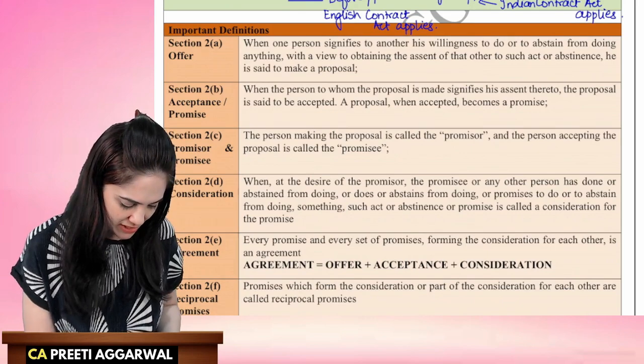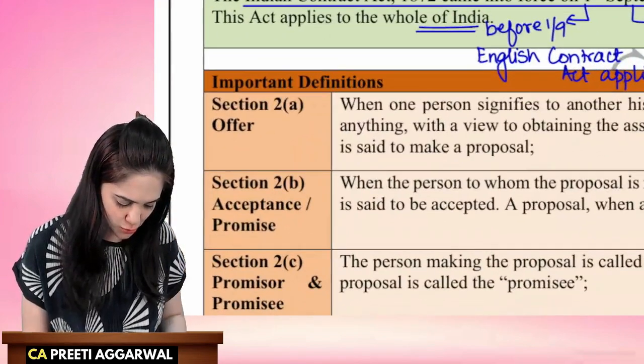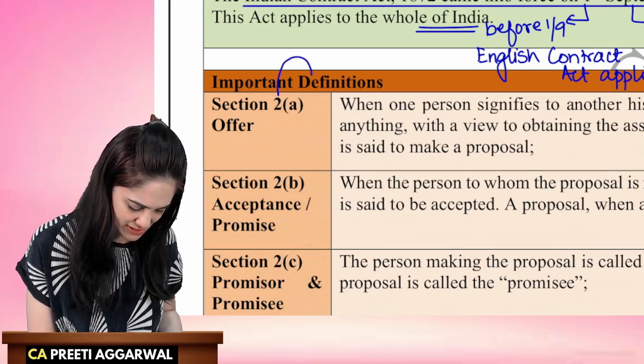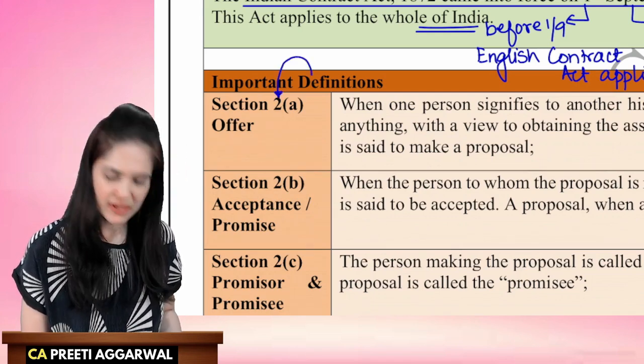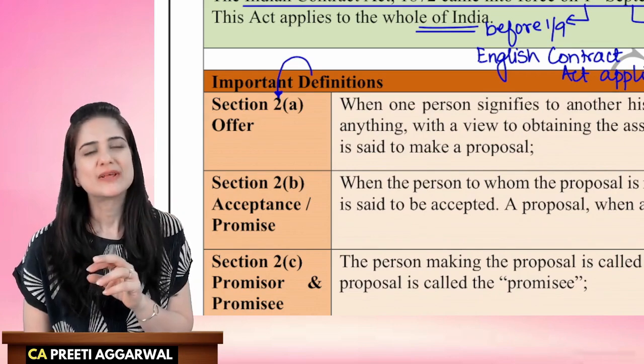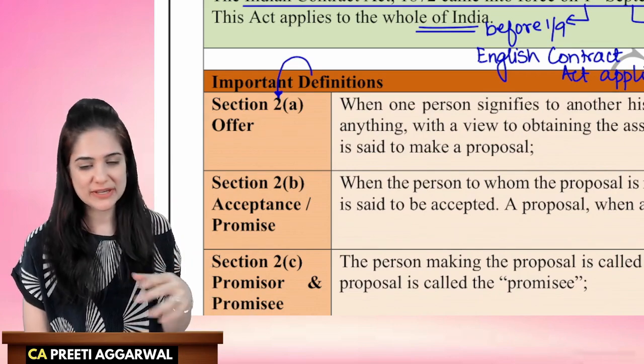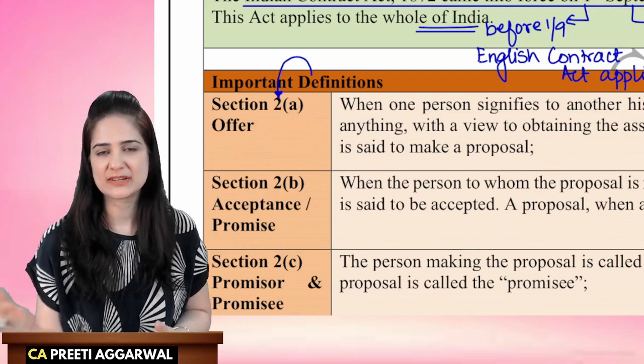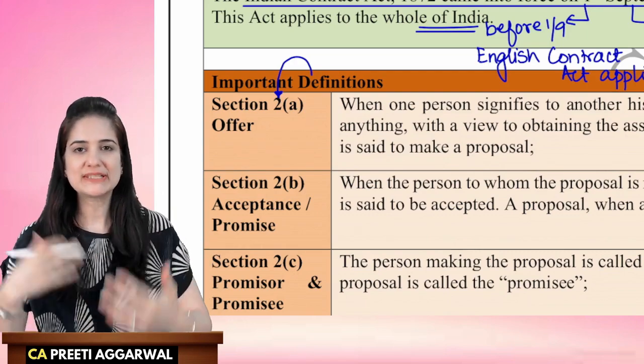Now, this is section 2. Definitions are generally given in section 2, so definitions are mostly covered in section 2. Why are definitions important? Although that is not related to our discussion, it will help you later when you study some advanced course.